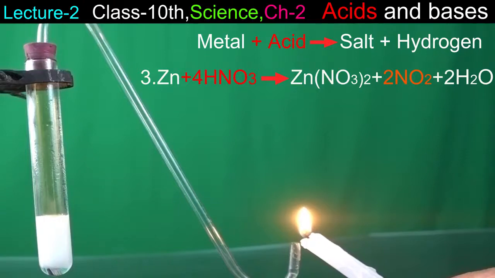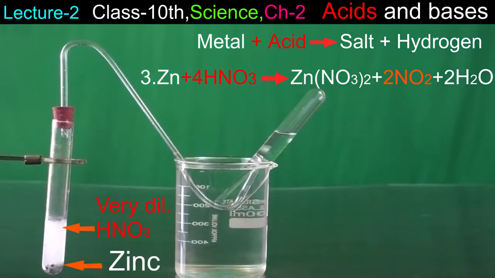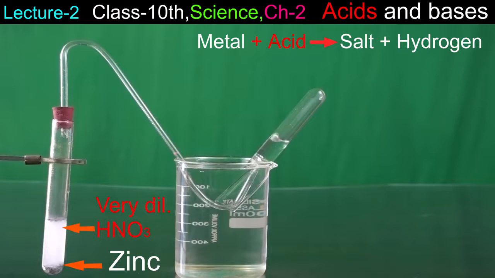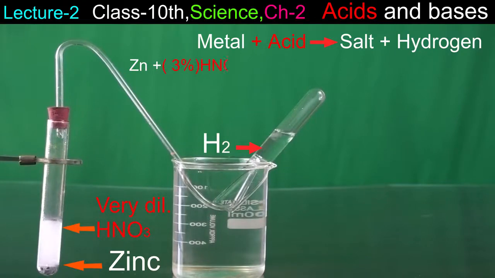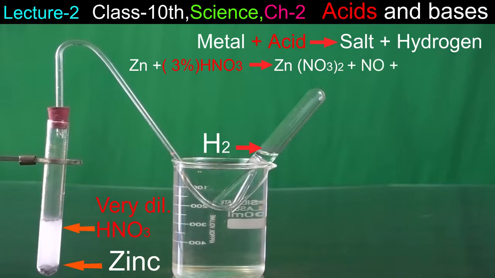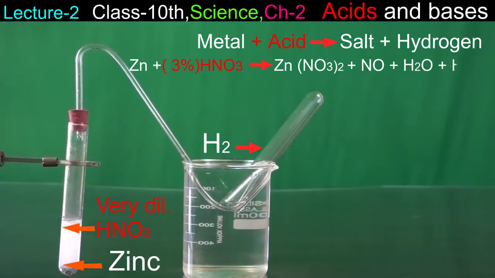I make this acid further dilute by adding water to it. Now you can see, though the reaction has slowed down and brown gas also has stopped coming out, but still gas is being evolved. Now this is hydrogen gas.